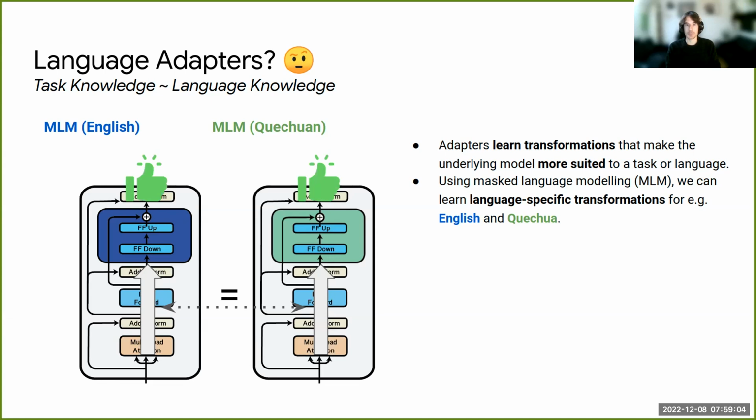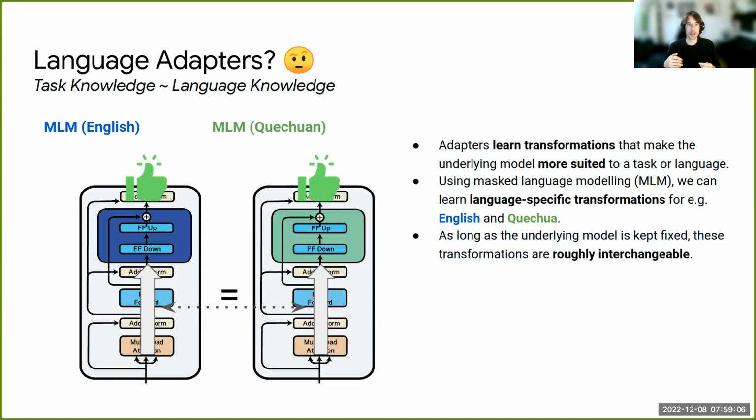And so the actual forward pass goes not only through the big shared multilingual model, but it also goes through the dedicated language adapter when we are processing data from that language. And one assumption is that those transformations can be roughly interchangeable if the extra language specific training for language adapters is done on the data of similar domains.